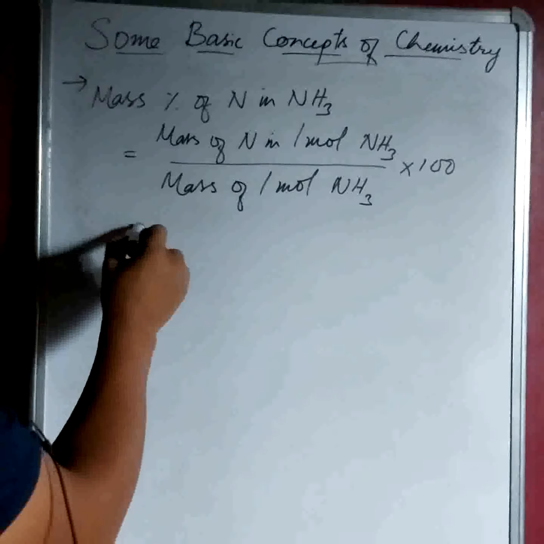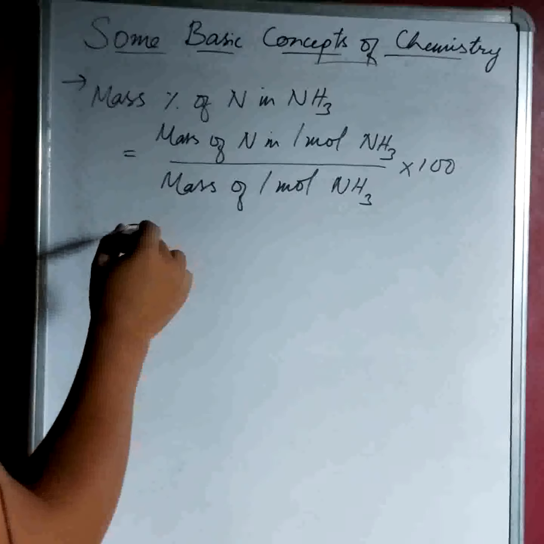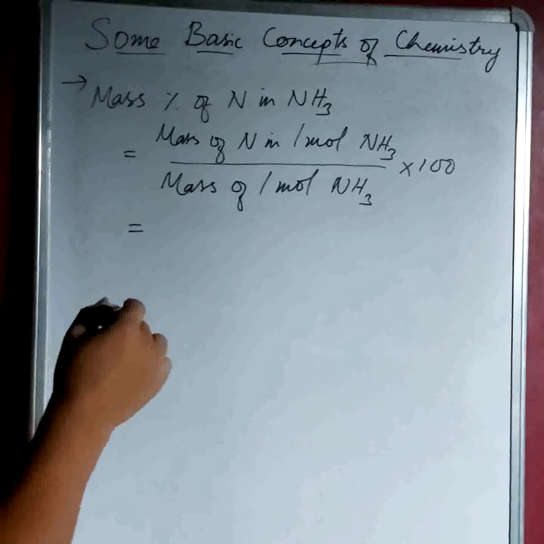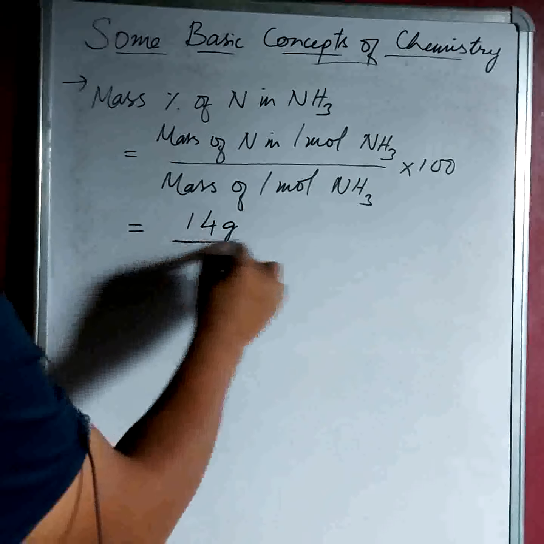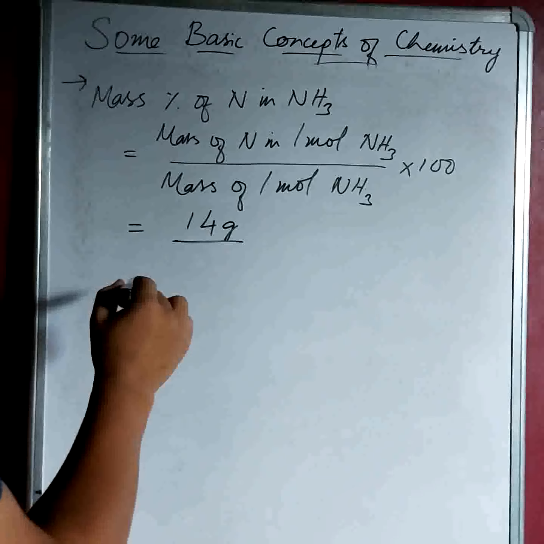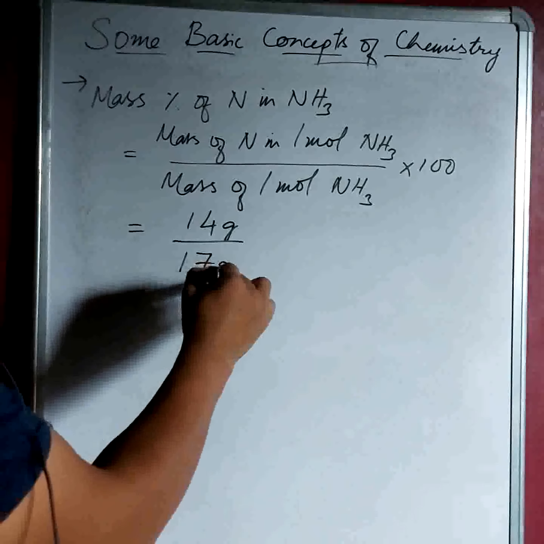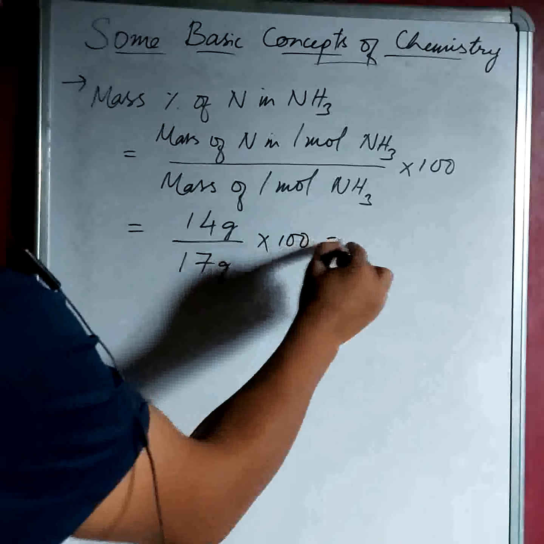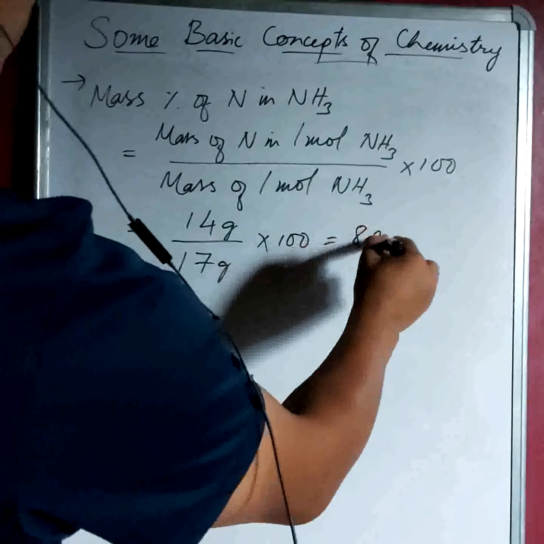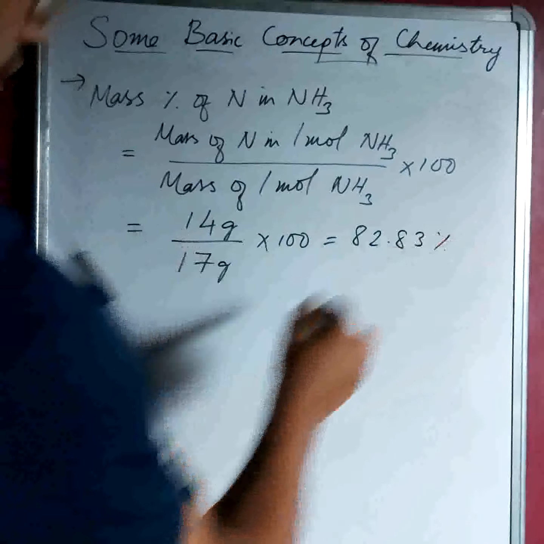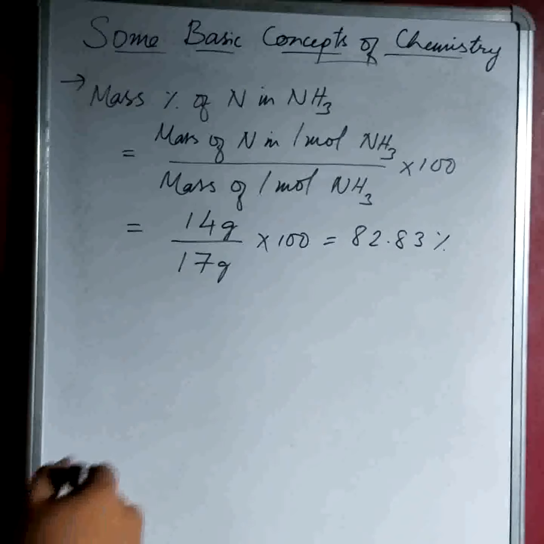The mass of nitrogen in 1 mole of ammonia is 14 grams, and the mass of 1 mole of ammonia is 17 grams. This gives us around 82.35 percent.